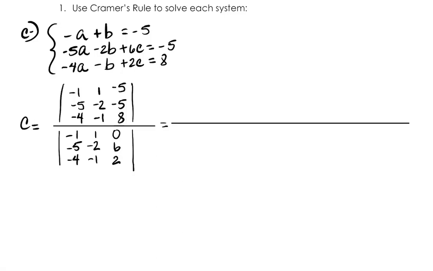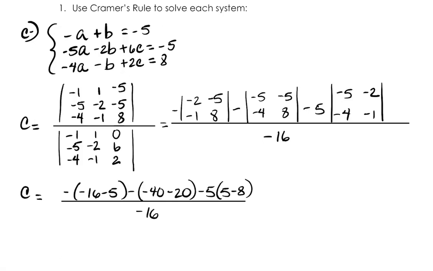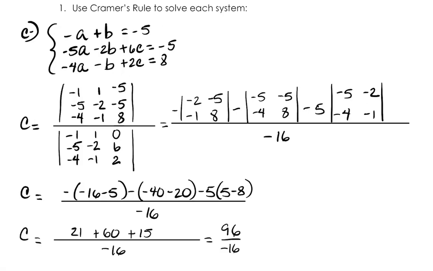Let's work on the numerator first. And as we know, the determinant of the system is -16. Once we solve the determinant, we get these values. And we get that c equals -6. So the solution to this system of equations is a equals -3, b equals -8, and c equals -6.